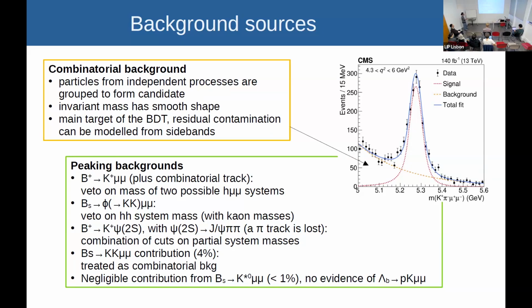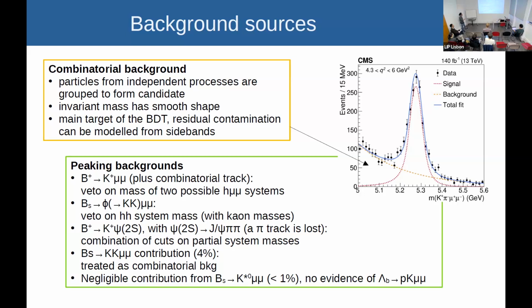To reject this, we have vetoes on the possible three-object system in our candidate around the mass of the B plus. Then for the B_s to phi mu mu, where the phi decays to kaons, we apply a veto on the two-track system in our candidate, assuming that both of them have the kaon mass, and so we cut around the phi mass.